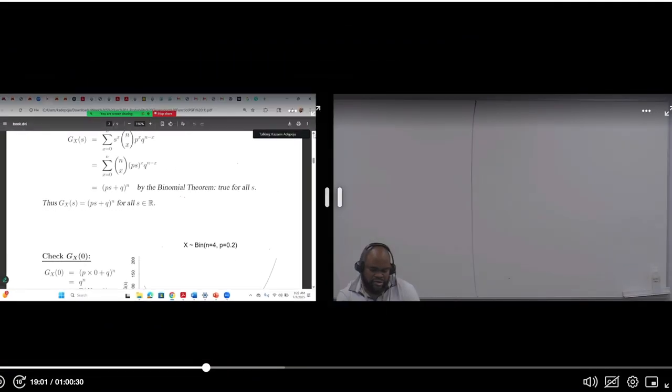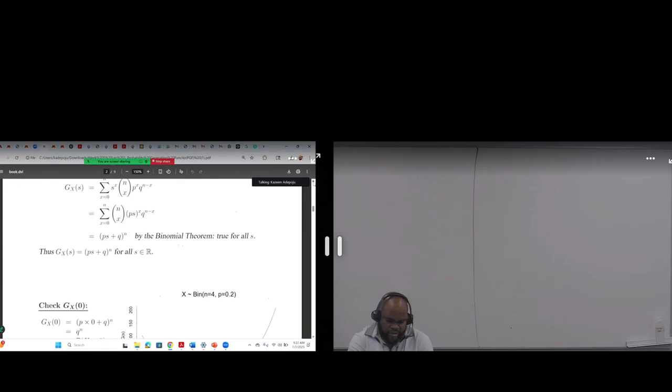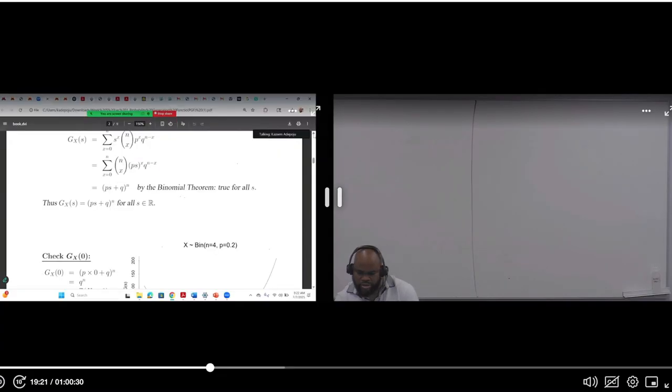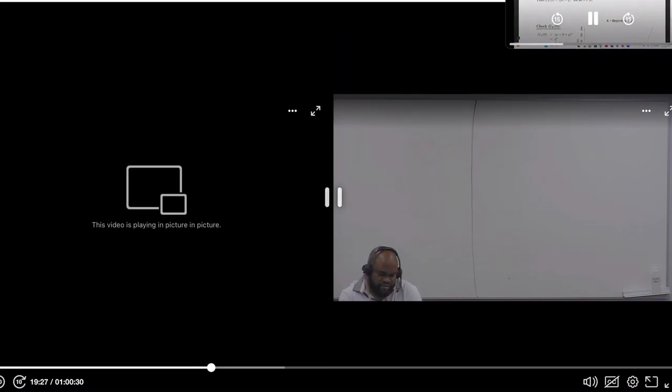If it doesn't, we'll make use of the board. Oh, not connected. Okay, I can see. Just 1 second. Because if I'm able to use an iPad, it will be so fast compared to the board.